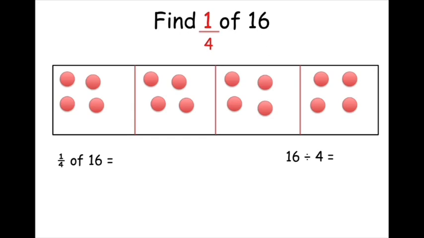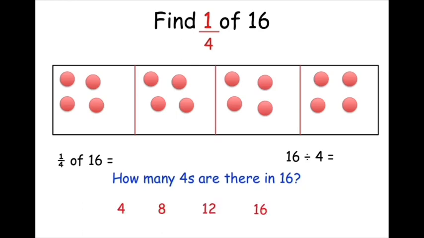Or how many 4s are there in 16? This is a quicker method. If you're quick with your times tables, you'll know how to do this. So counting up in 4s. 4, 8, 12, 16. There are 4 4s in 16, and you can see from the picture there are 4 dots in each part. So 1/4 of 16 equals 4.